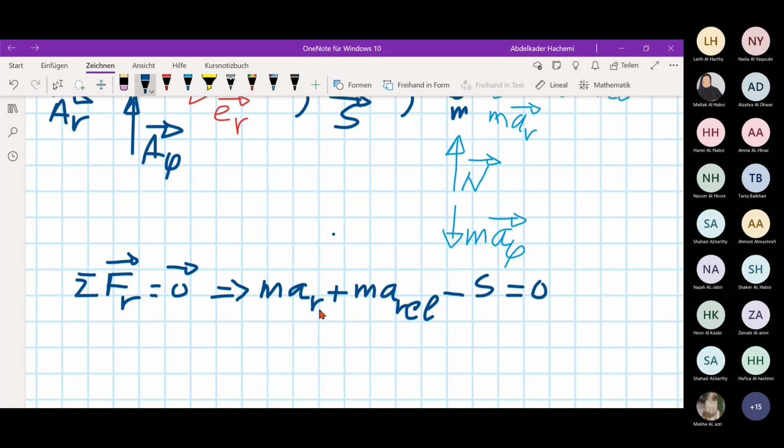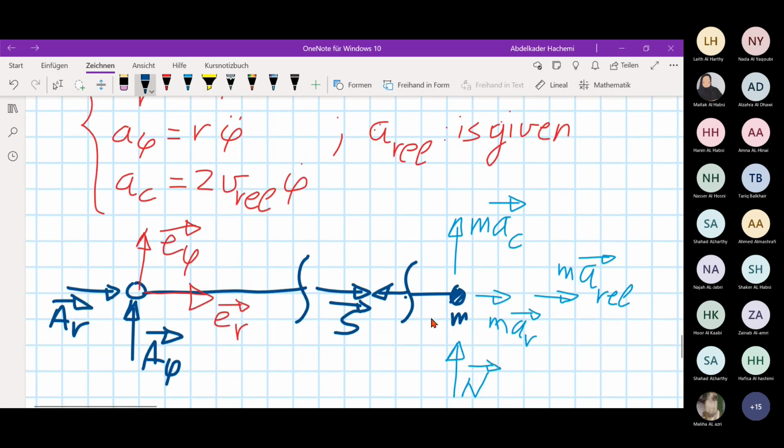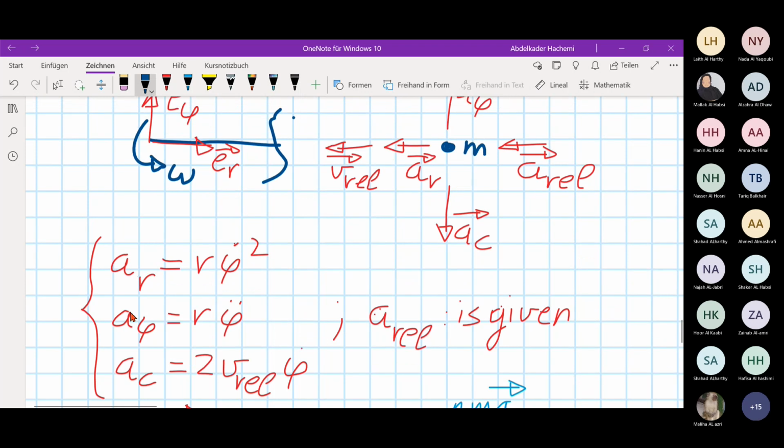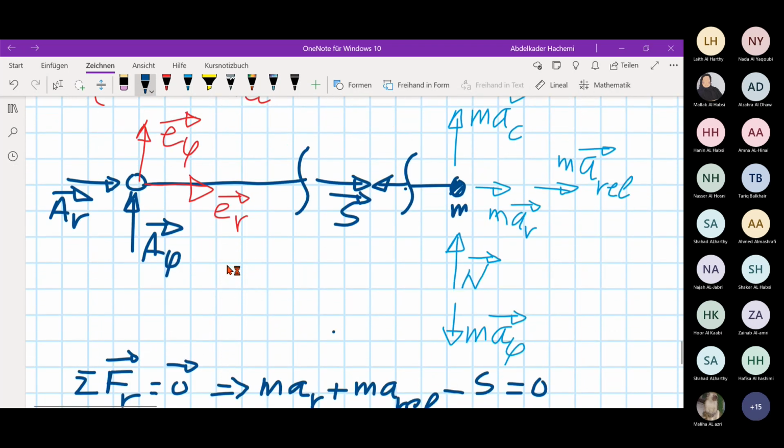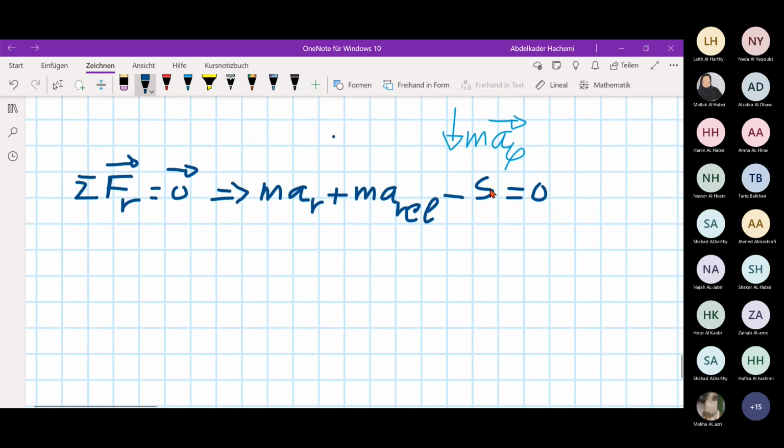AR and A relative are given here. A relative is given in the exercise. AR is given by the following relation, R phi dot square. S is unknown.